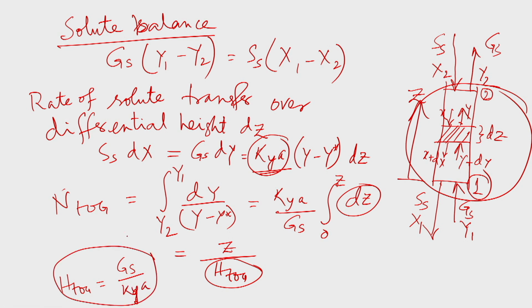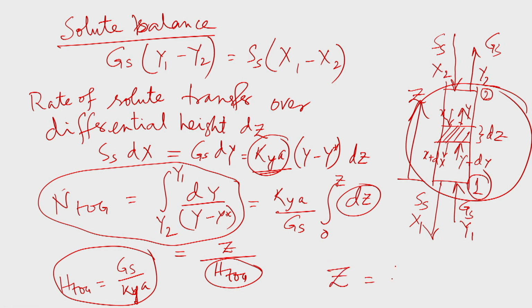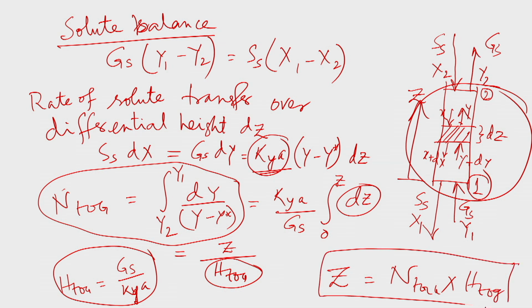So this is HTOG and NTOG will be coming from this expression. If we multiply NTOG and HTOG, then we will be getting Z, because Z is equal to the multiplication of NTOG and HTOG. So if we know NTOG and HTOG, then we will get the height of this adsorber column.